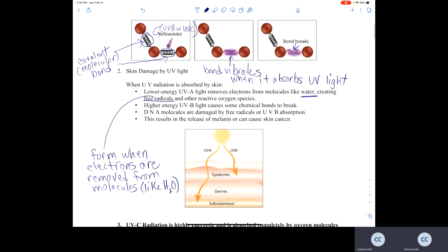Now, UVB light is at a higher energy than UVA, and it's strong enough when it hits your skin to cause some chemical bonds to break in molecules like DNA.